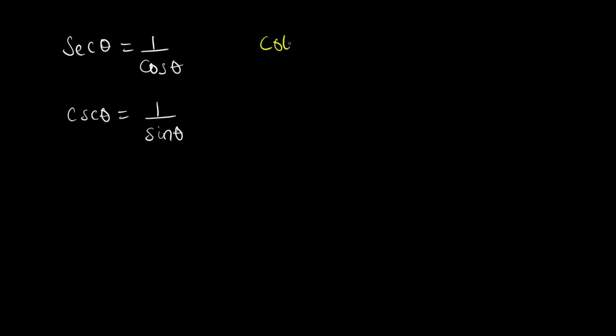Now there are some other formulas that you need to be familiar with, which include sec theta, which is equal to 1 over cos theta, cosec theta, which is equal to 1 over sine theta, cot theta, which is equal to 1 over tan theta, and of course, our tan theta, which is equal to sine theta all over cos theta.